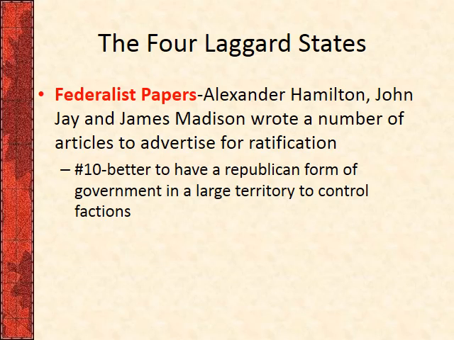They write a number of articles in pamphlets and newspapers, especially in New York, which had that very close vote in 1788, as to why the convention should adopt the Constitution. The most famous one of these Federalist papers is Federalist Number 10, which you will read in class, and it states that it's better to have a republican form of government and a large territory to control factions. And we'll analyze that in great detail in class.